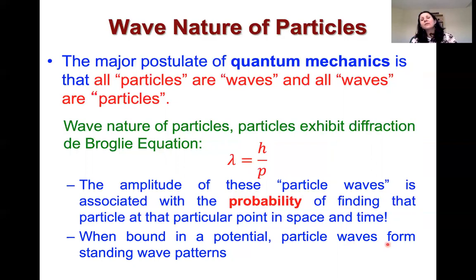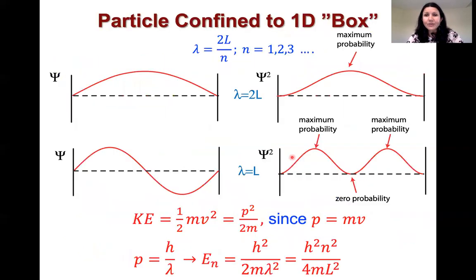The same way that we confined our string to two ends, and that gave us standing waves, if we confine our particle to some kind of potential, then these particle waves will exhibit these standing wave-like patterns. So the most classic example is thinking about a particle that we can confine in a one-dimensional box.